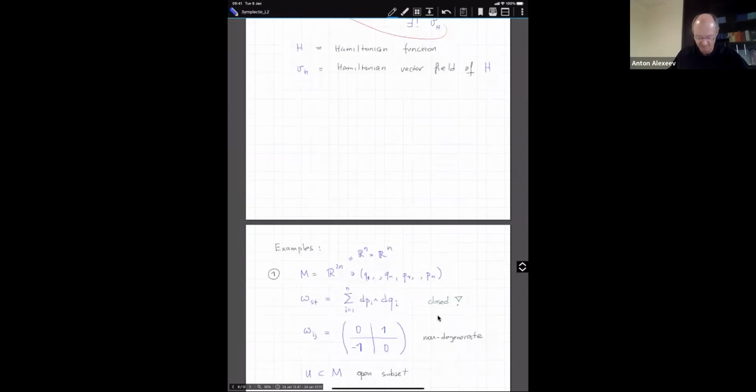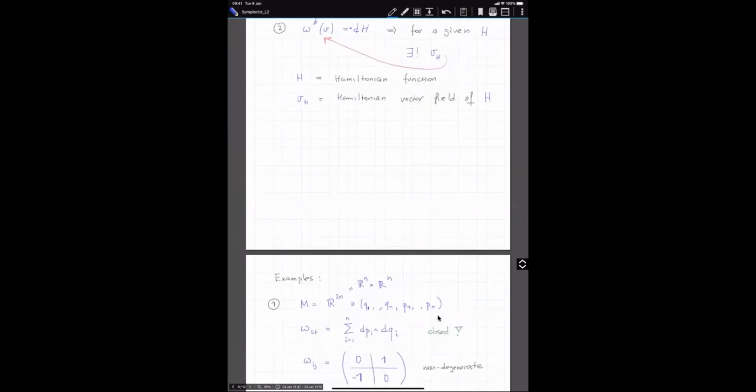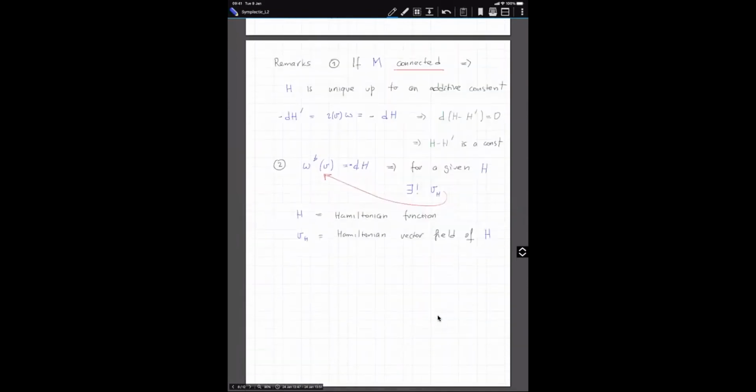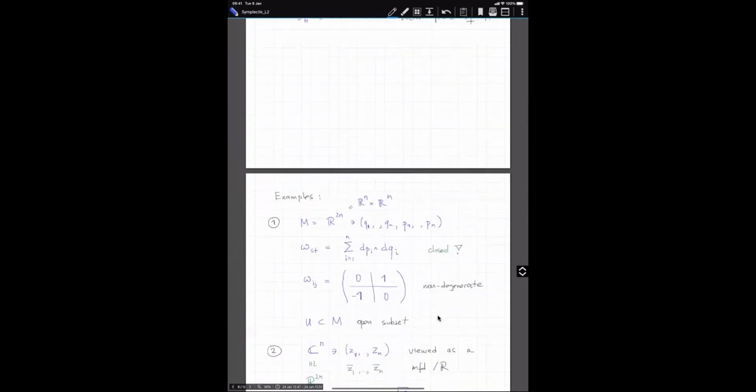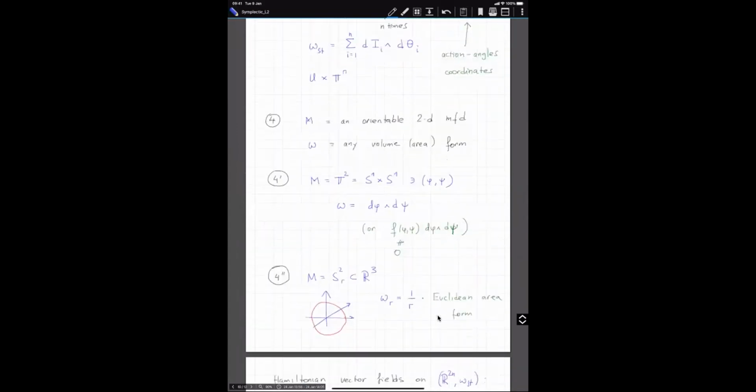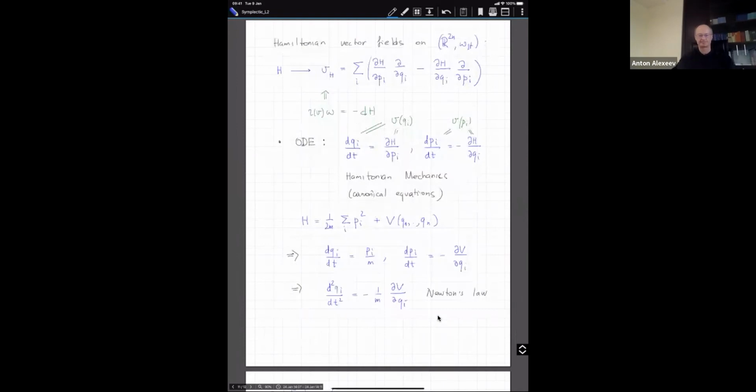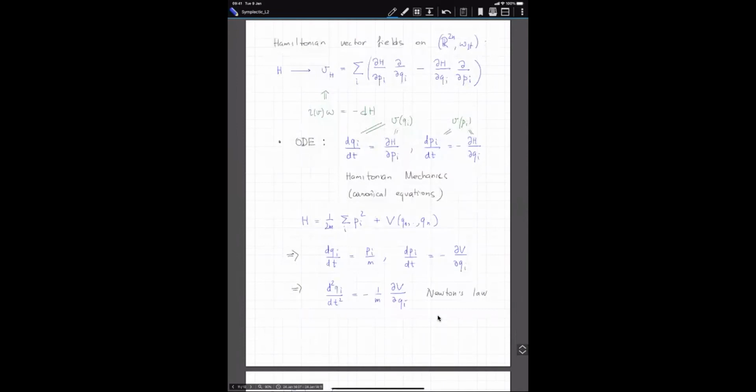If we want to put them in this form, then first of all we do need the minus sign in the formula with the contraction, where the contraction of omega equals minus dH.